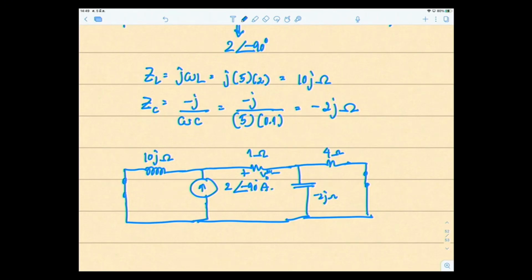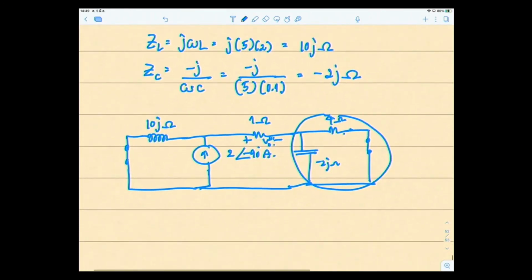Looking at this, my V out triple prime is here. I see that the 4 ohm is parallel with minus 2j. I'm going to combine these first to make my circuit easier to see, because when I do that, my 1 ohm and my V out triple prime are not affected.